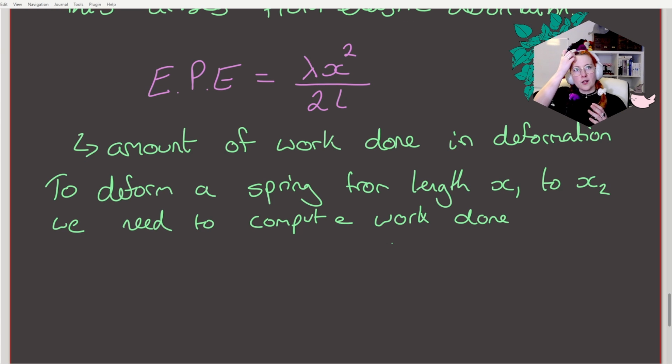Now, when we looked at work previously, I don't think we actually did variable force. I think we only did constant force, but it's the same thing. So when work is force times distance, that is saying that no matter how much work I do, it's always going to be the same amount of force required.